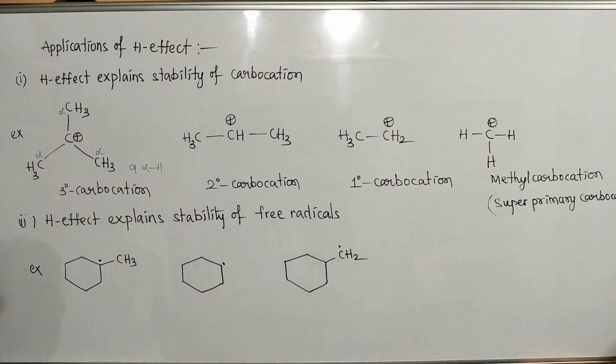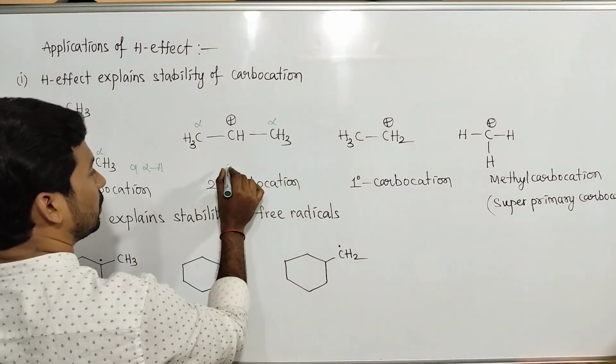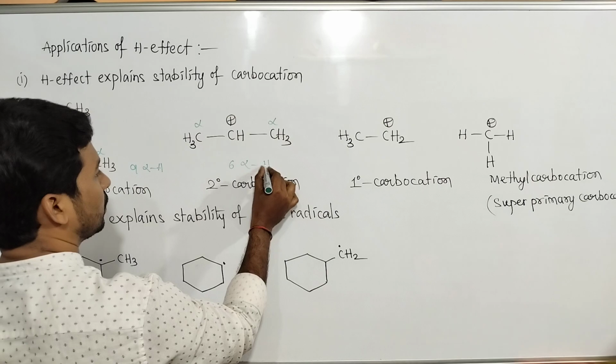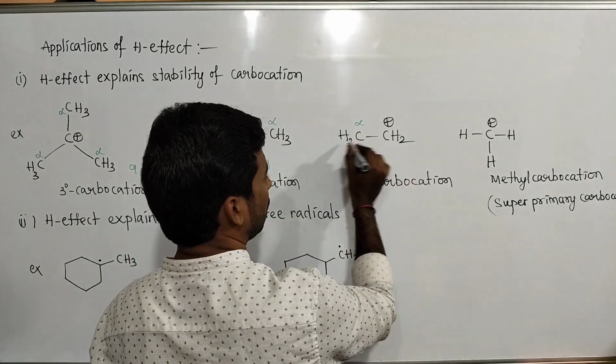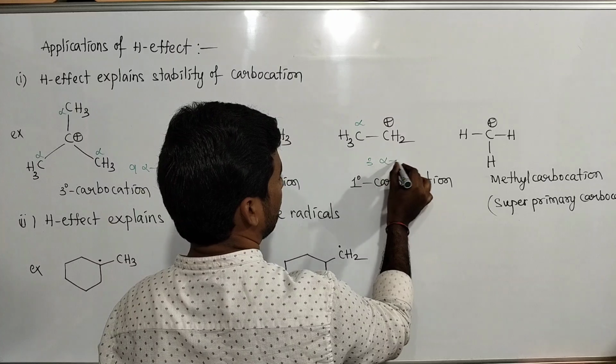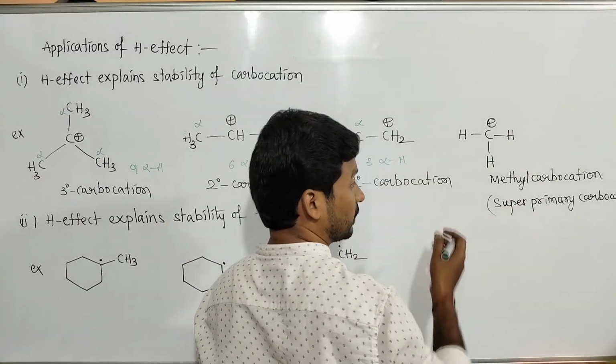9 hyperconjugations, more stable. Here this is alpha, this is alpha. Only 6 alpha hydrogen, somewhat less stable. Here this is alpha carbon. How many alpha hydrogen? Only 3 alpha hydrogen, less stable. Here there is no alpha carbon first of all.